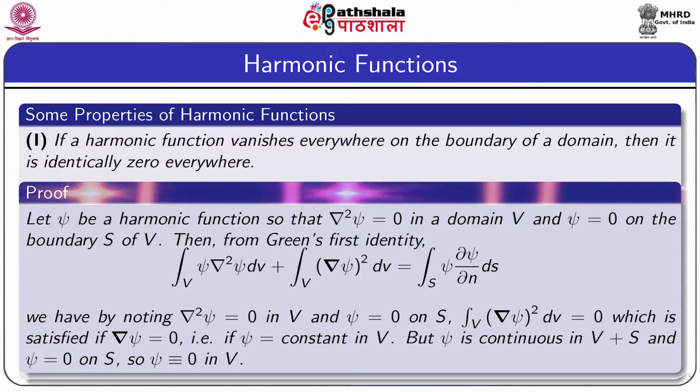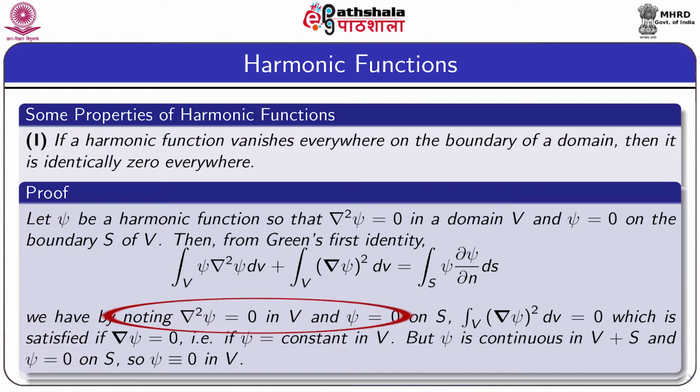Now, we have to note that grad square psi equals 0 in the domain capital V and psi equals 0 on S. So, using the condition grad square psi equals 0 in V, the first integral on the left hand side is equal to 0.